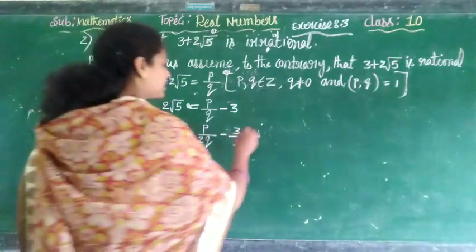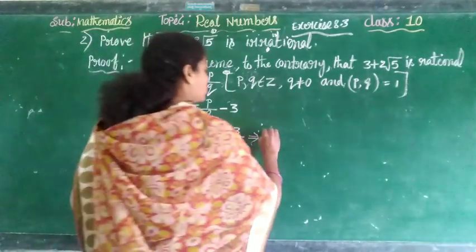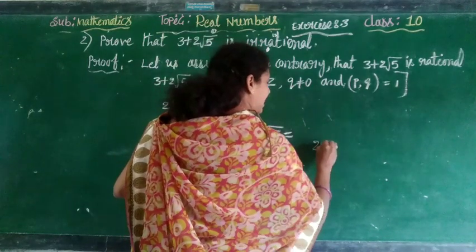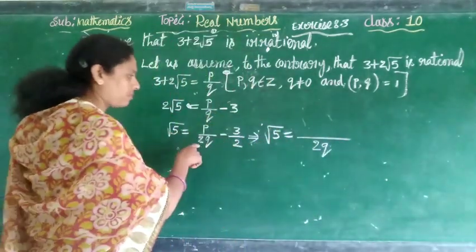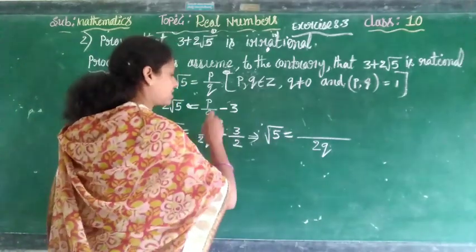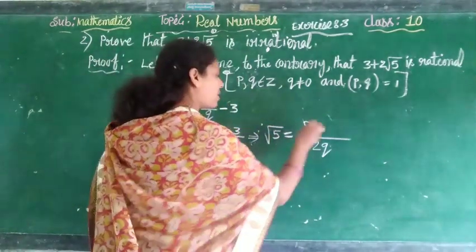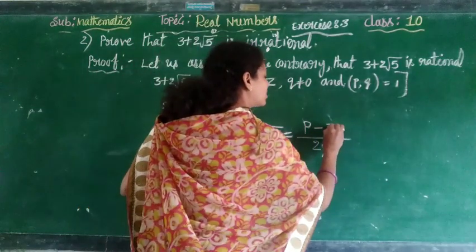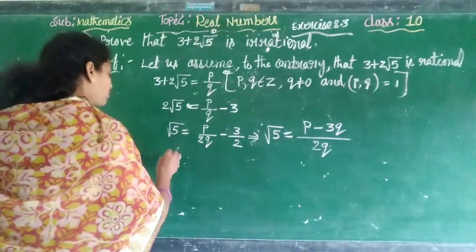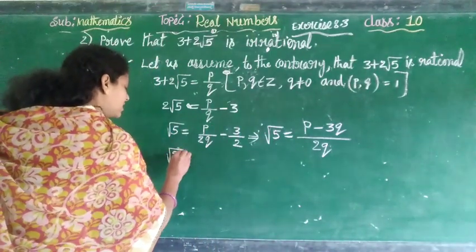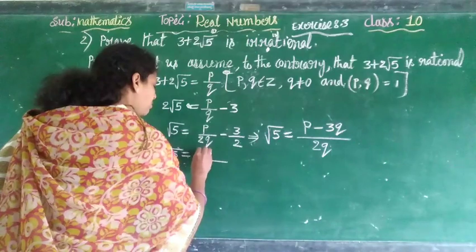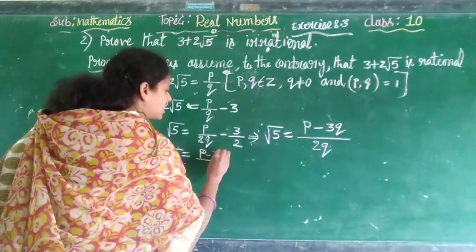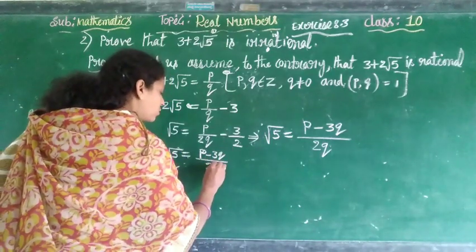Taking the LCM 2q, root 5 is equal to p minus 3q by 2q.